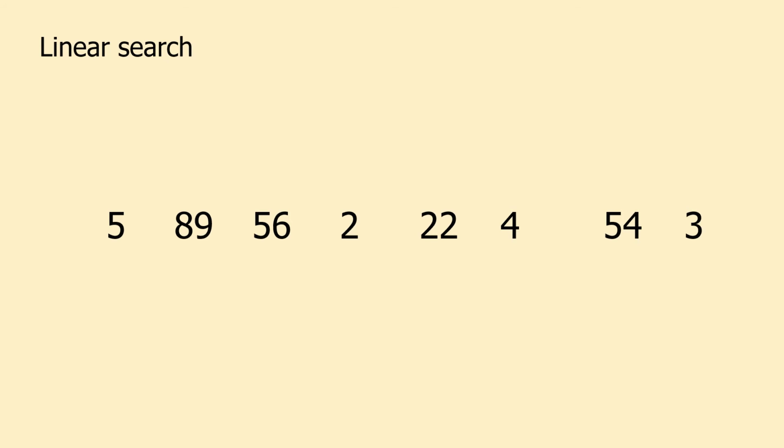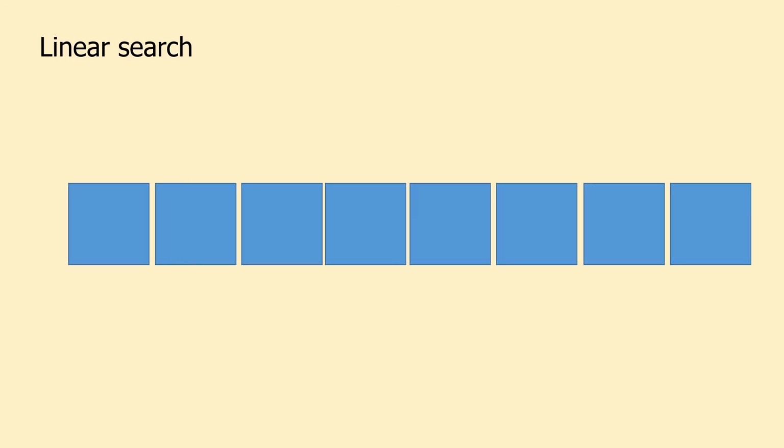We looked at 1, 2, 3, 4, 5, 6, 7, 8. So with 8 items of data, if it's at the end, worst case scenario is we have to look at all 8. Best case scenario, if we're looking for the number 5, it's the first item that we look at. So the fewest number of searches in a list would be 1.